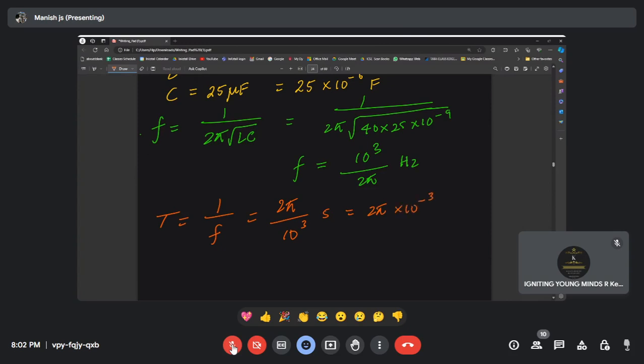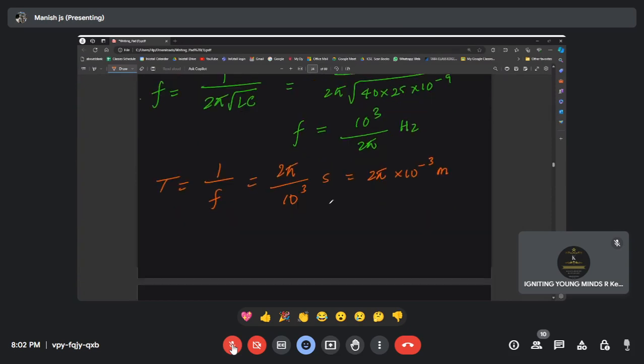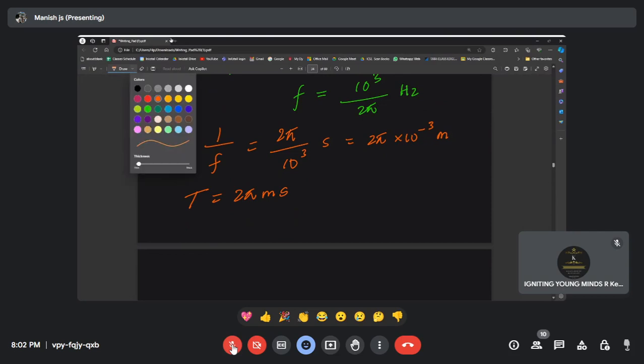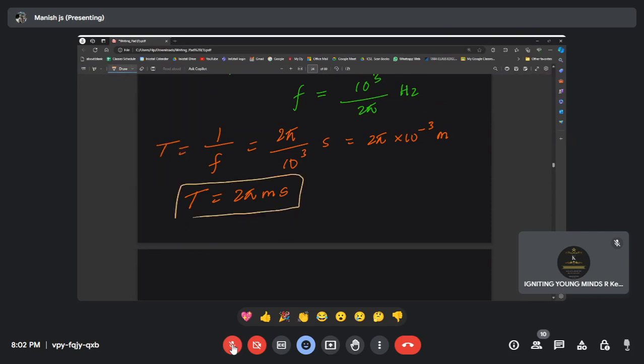Because if you bring the 10 power 3 up, it becomes 10 power minus 3. So the time period is simply T is equal to 2 pi milliseconds, MS being millisecond. That is the time period for this LC oscillation circuit. We have calculated the time period from the frequency of the given circuit.